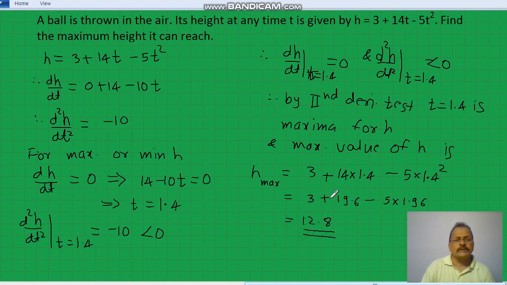This is the maximum height the ball can attain. Units must be given. Final answer in words is expected from you.